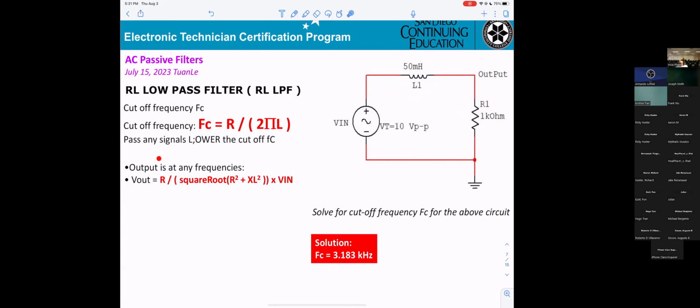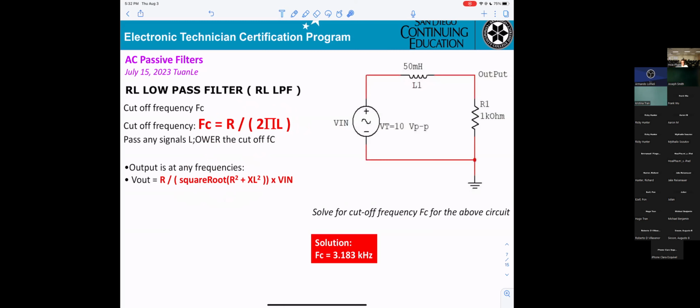You can calculate the output at any frequency using this formula. Given the values for cutoff frequency FC, you apply this formula and you're able to calculate it. The answer will be 3.183 kilohertz.